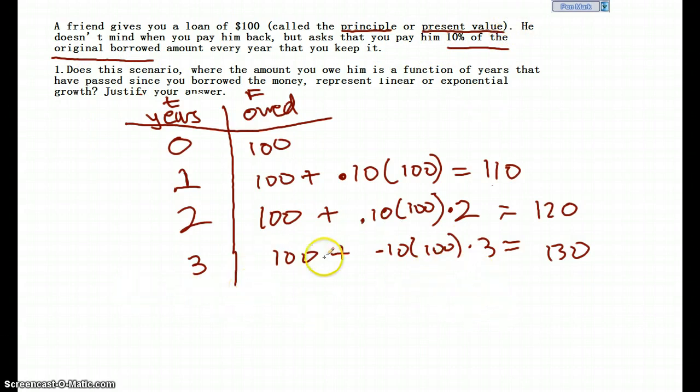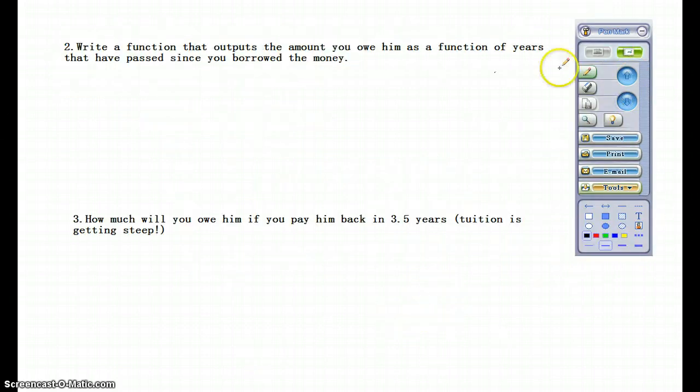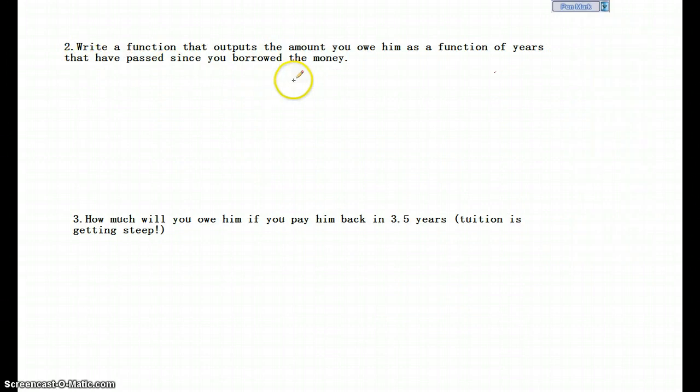Okay, so it looks like we have a linear pattern. That is, the growth amount is $10 every year, regardless of what is already owed. If we want to write a function that outputs the amount you owe him as a function of years that have passed since you borrowed the money, well, we call that the future value. This is the amount owed.